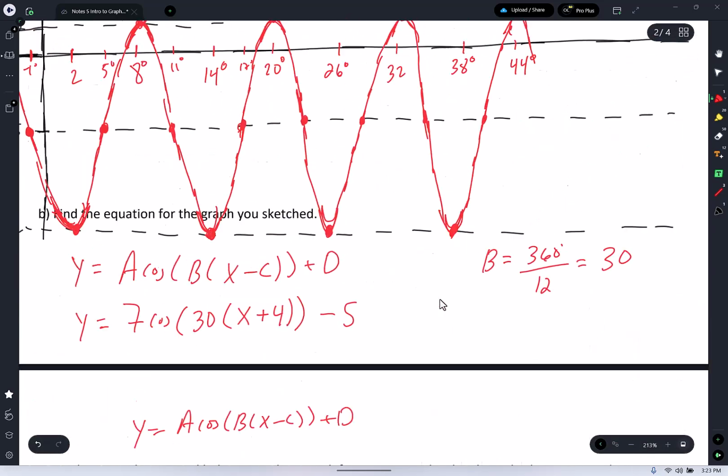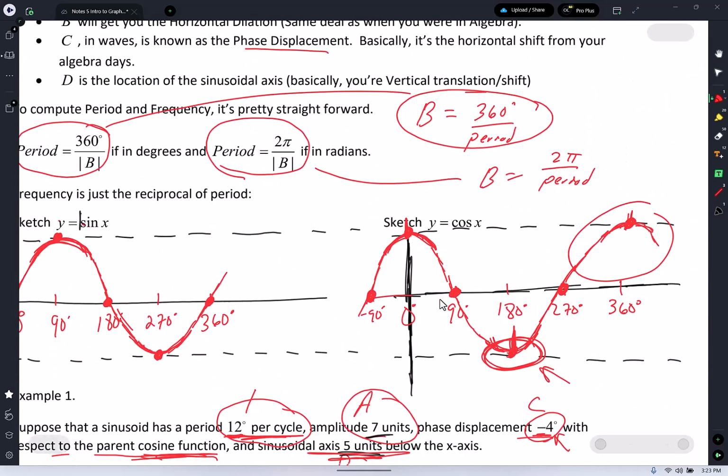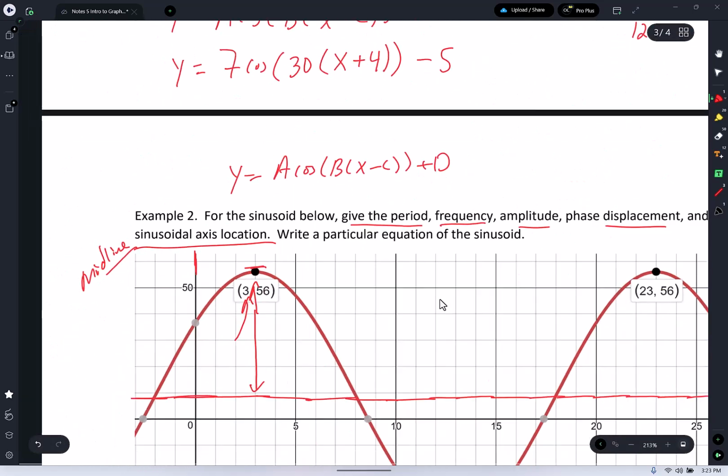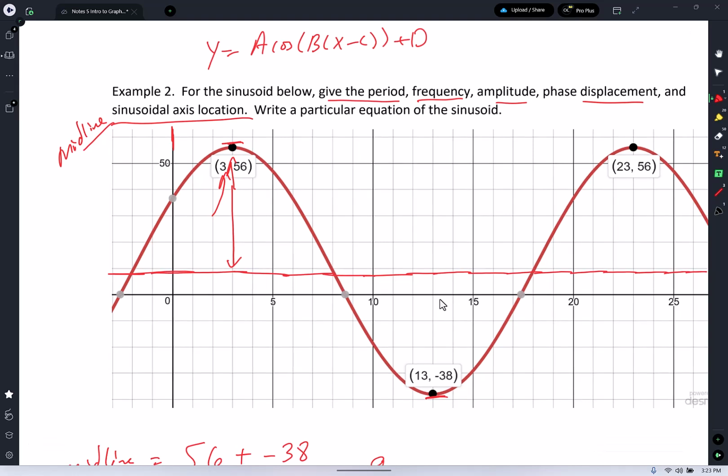Okay. Look over here. The cosine x has a peak right on the y-axis. Is this peak on the y-axis? No. Where is it at? 3. So it moved 3 to the right from where it should have been if we're using cosine. Does that make sense? For sure.